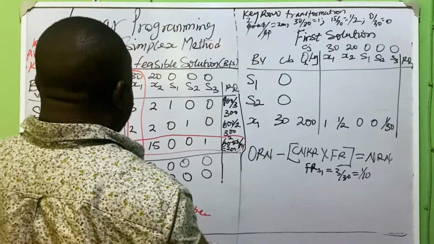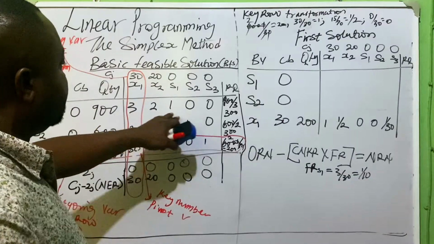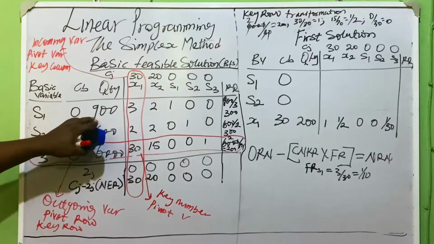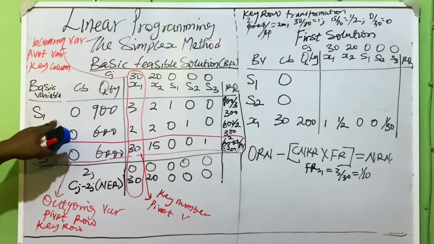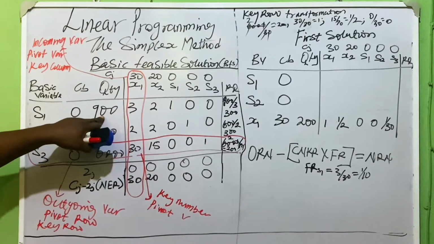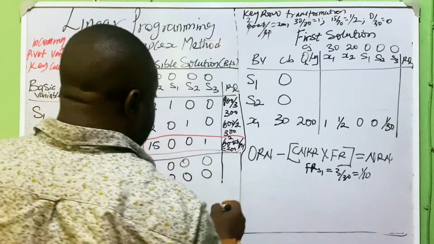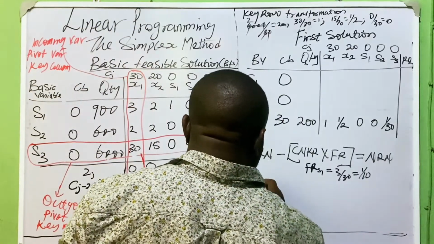So our old row numbers are the values, the entries that we want to transform. Now that our focus is on S1, the first value we're going to transform is this quantity value, which is 900.